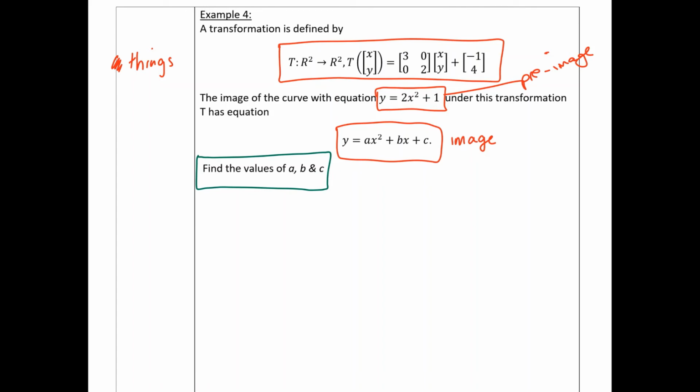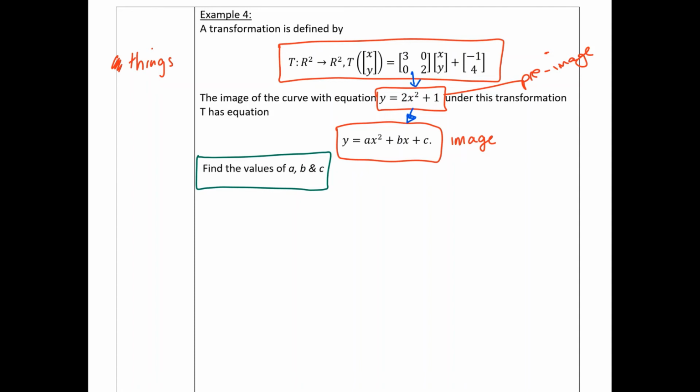And so if I apply this transformation to that pre-image, I'll get this image. Once I've got that, I'll have to put it in standard form, and that'll allow me to infer what a, b, and c are. So pause the video, give this a go, and then we'll do the solution that you can refer to if you get stuck.